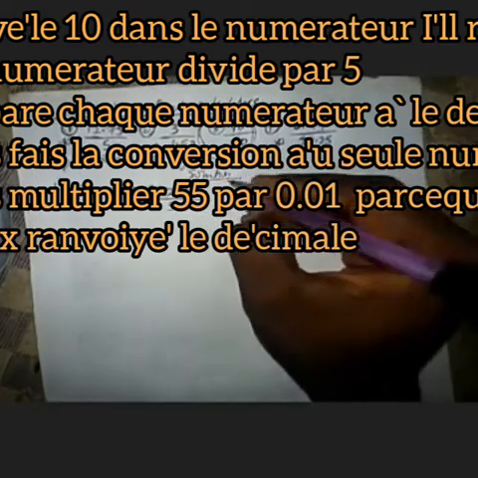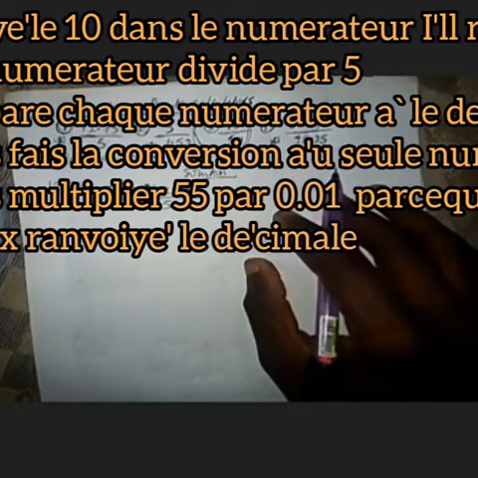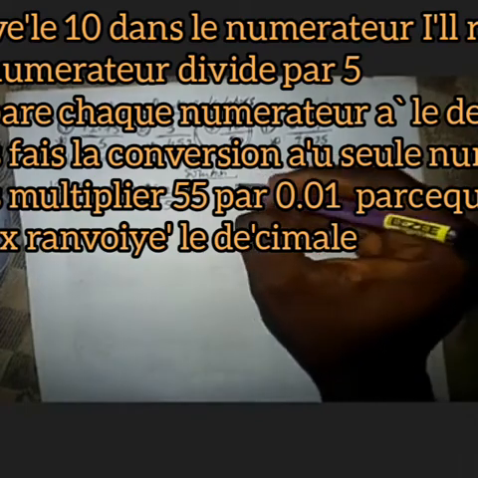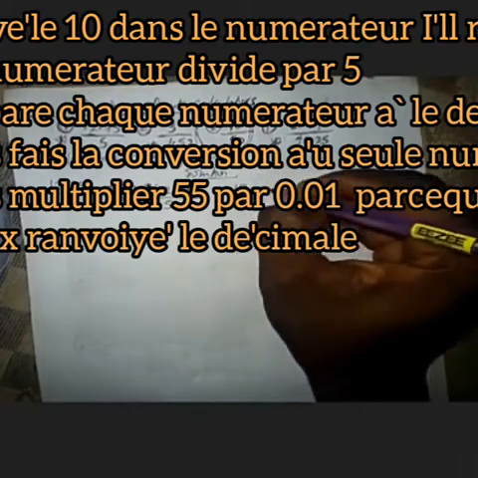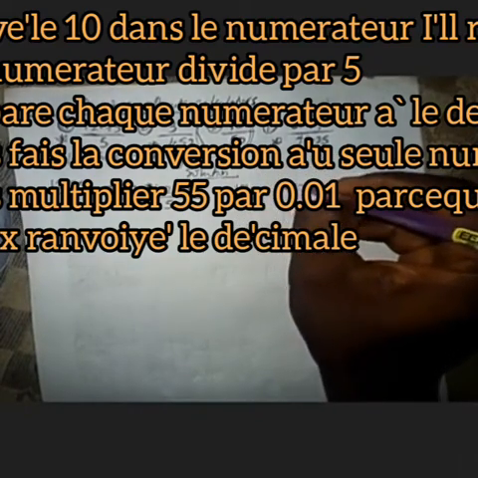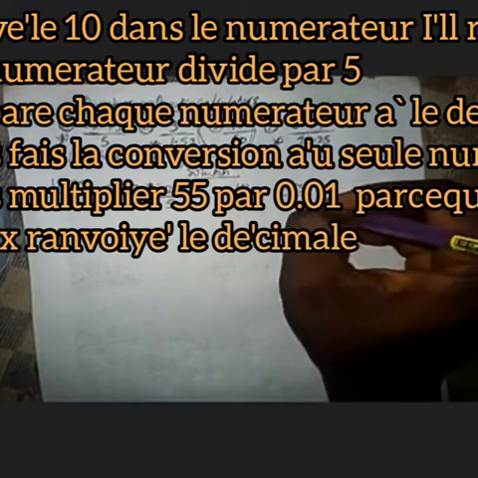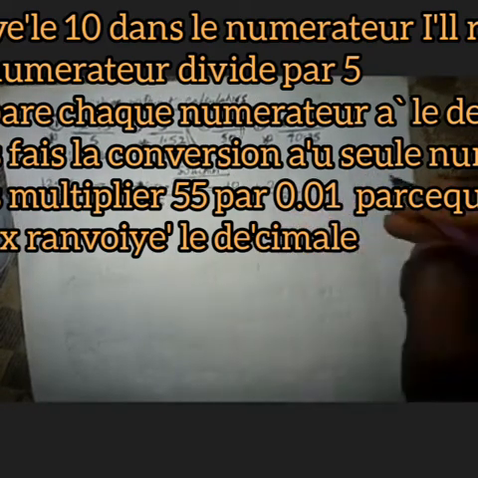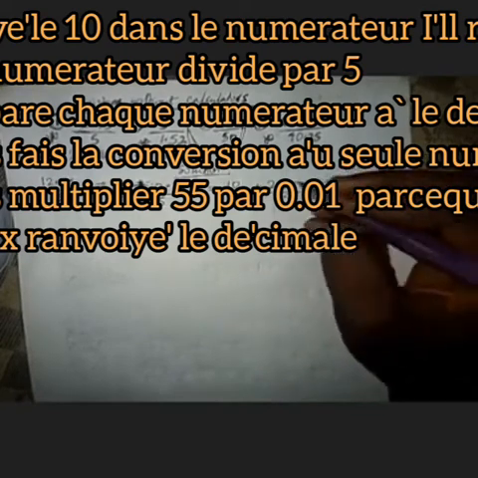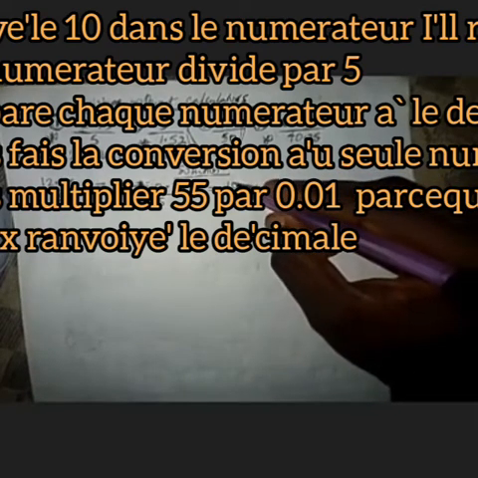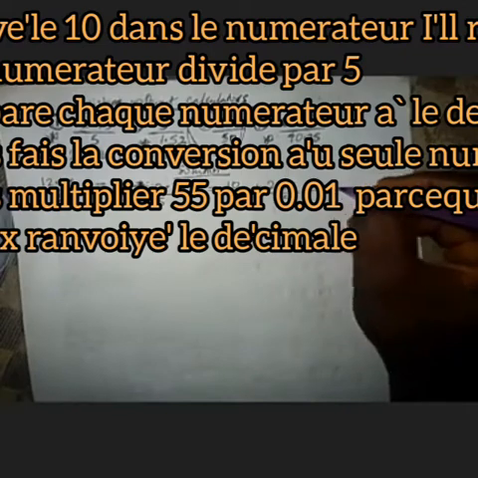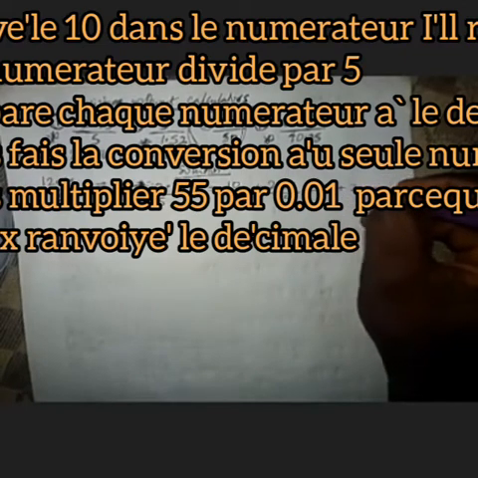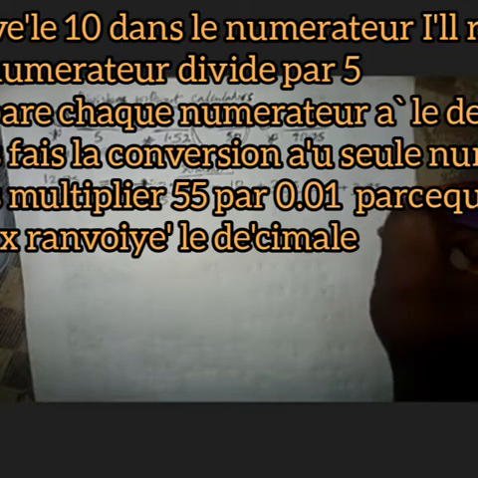The next thing is that you now split it into two. That's 10 over 5 plus 2.75 over 5. After splitting into two, 10 divided by 5 is 2, plus 2.75 divided by 5.